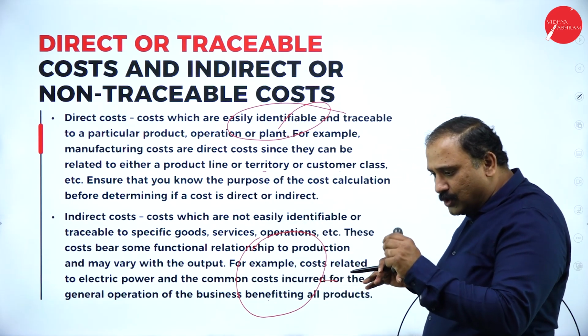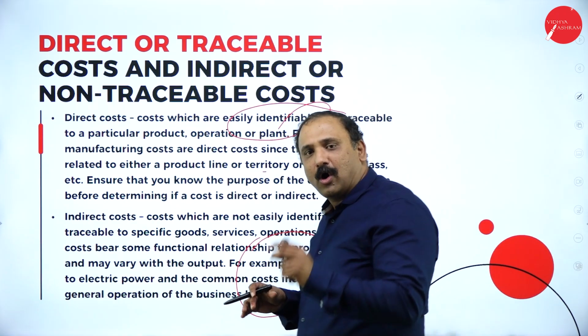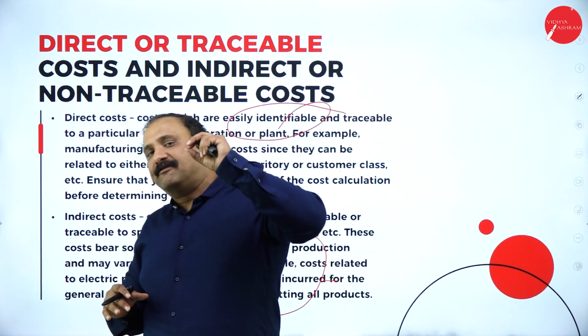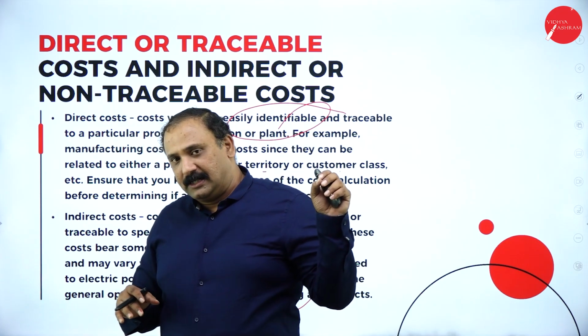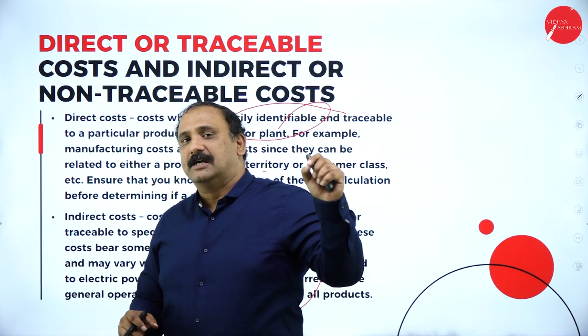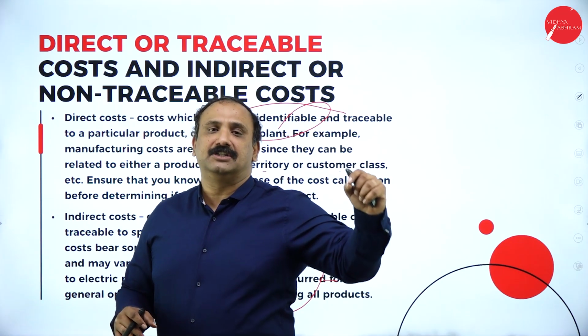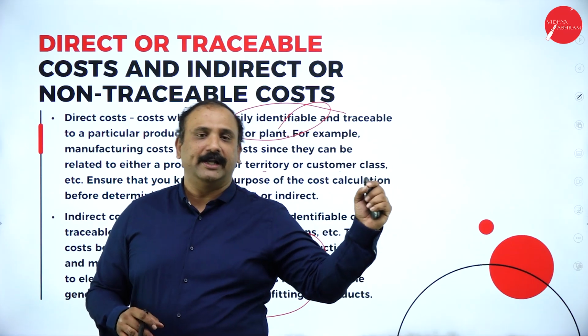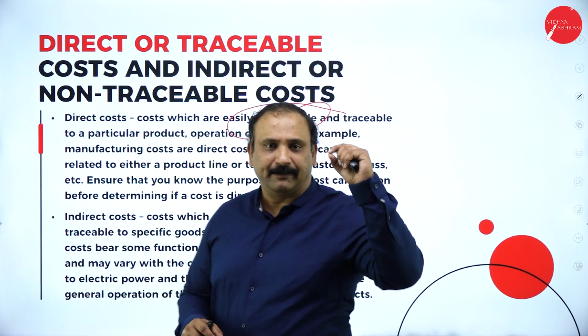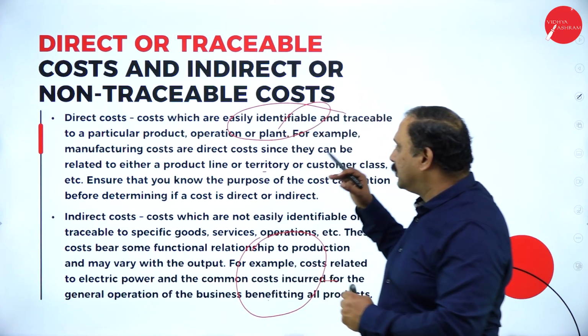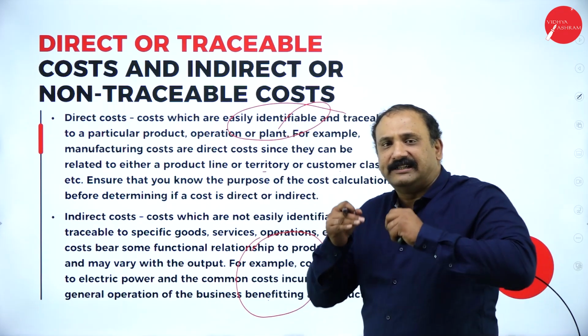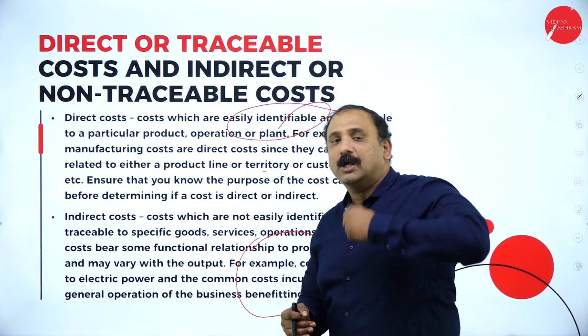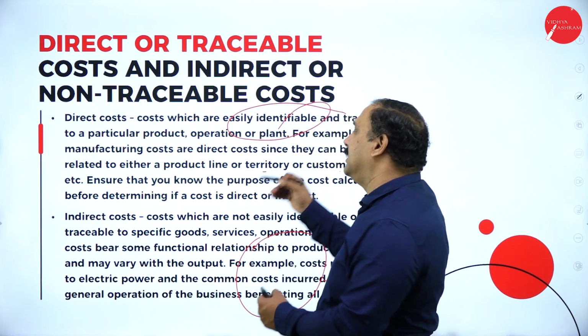So I'm able to tell the management, the organization, that yes, I have identified this cost. For example, fuel cost, power cost, maintenance cost, vehicle running expenses, administrative expenses, or operation cost. These are direct, which can be spelled out and shown to the management at any point of time.